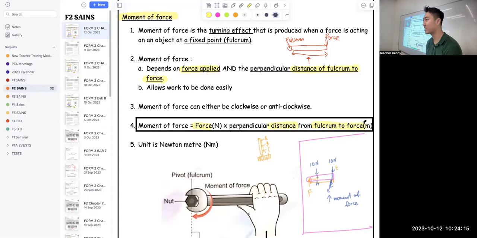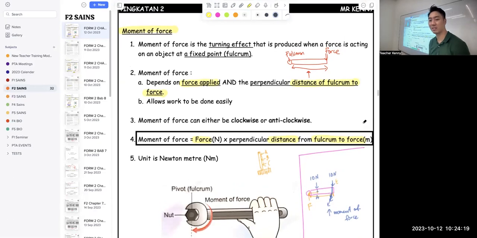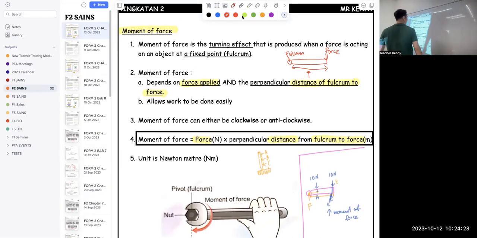Now, you see I skipped the word perpendicular. In the exam, you should be writing the word perpendicular. Why call it perpendicular? Let's look here. Do you know what perpendicular is? It's mathematics.